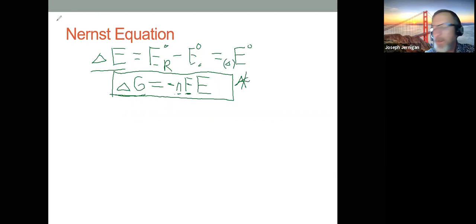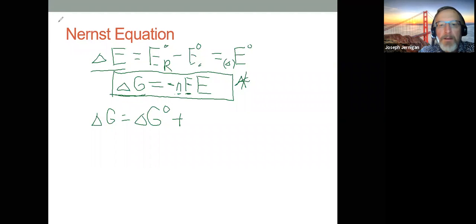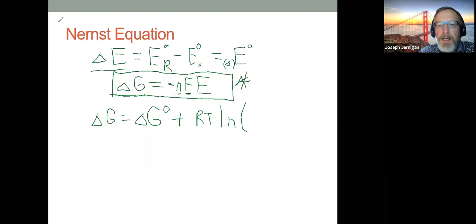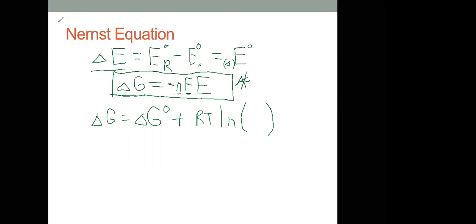All right, so let's finish this derivation here. Delta G. Now I'm going to share with you something else that we have: delta G is equal to delta G0 plus RT log. And does anyone remember what we put inside there? Let me give you a hint.